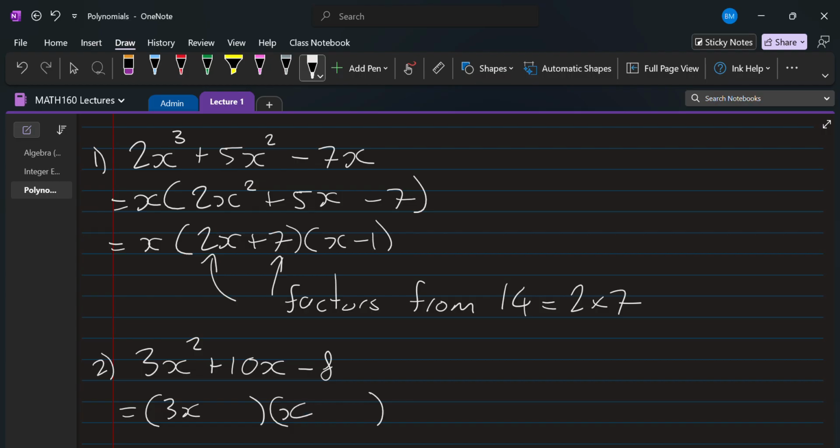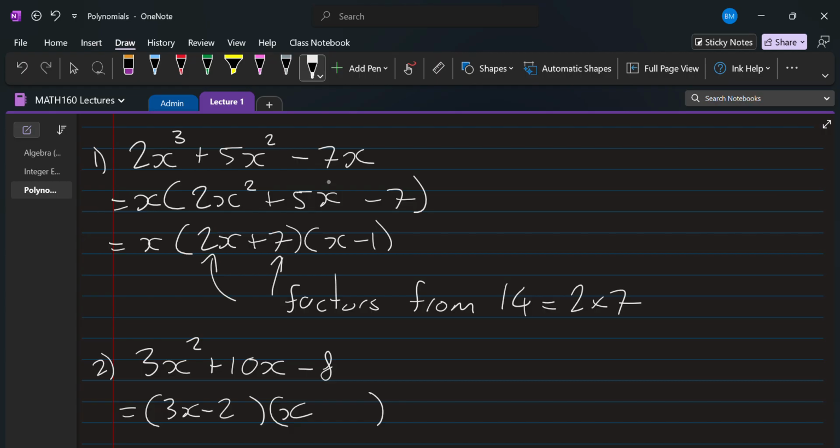Number 2. Let's say we have 3x squared plus 10x minus 8. So we look at the 3 and the 8, multiply them, we look at the factors that give us 10. So the sum or the difference of the factors must give us 10.